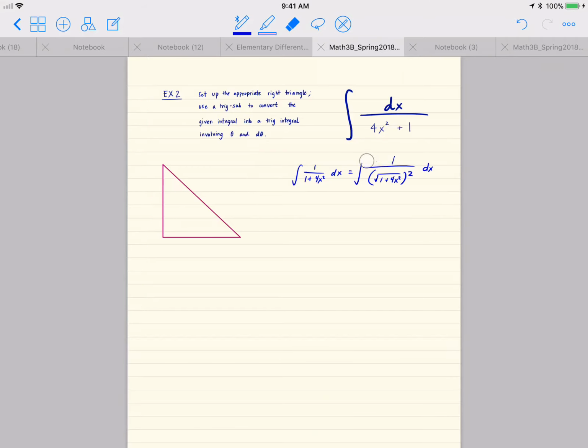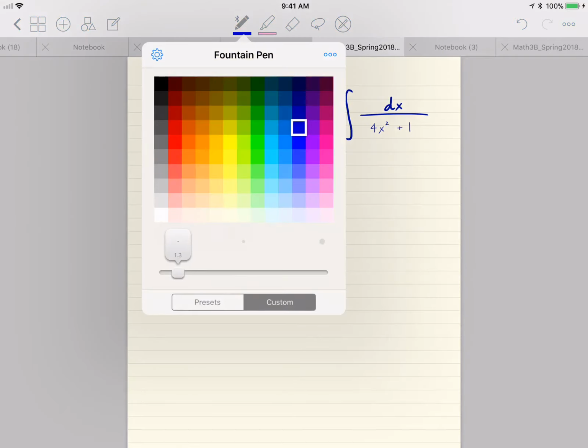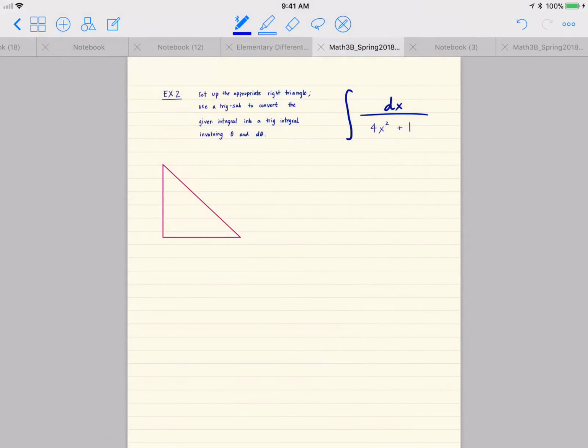So, how are we going to apply our triangle? The key is in this 1 plus 4x squared. Because when I see that, I see 1 squared plus 2x squared, and I think a squared plus b squared, and I think c squared.